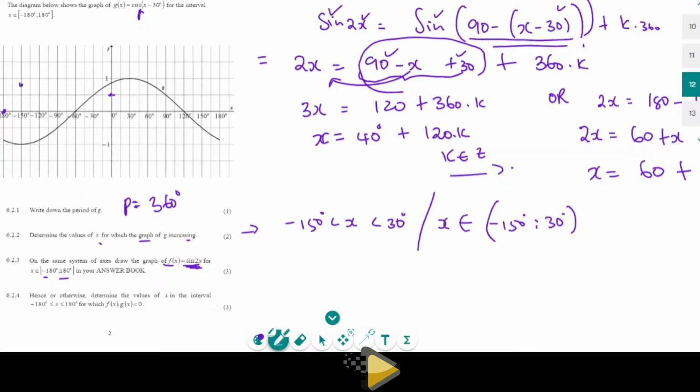And then we know that, where is my graph? Okay, and then we move on to negative 120.